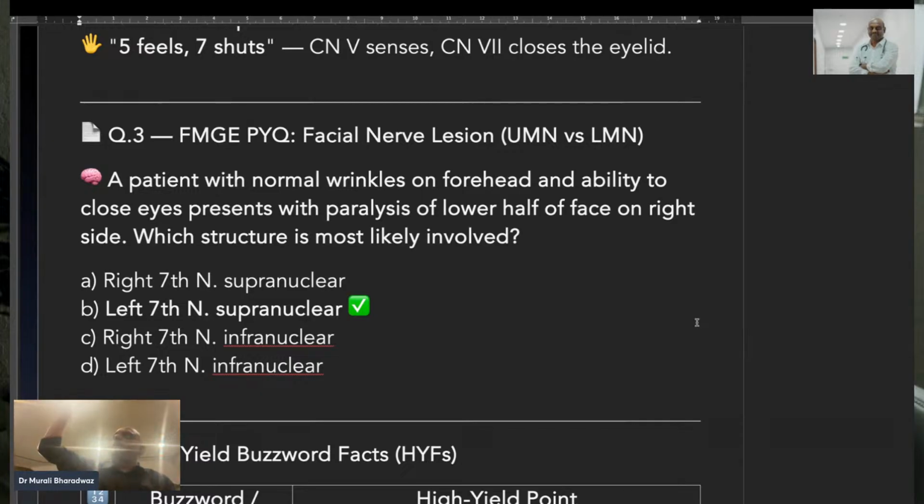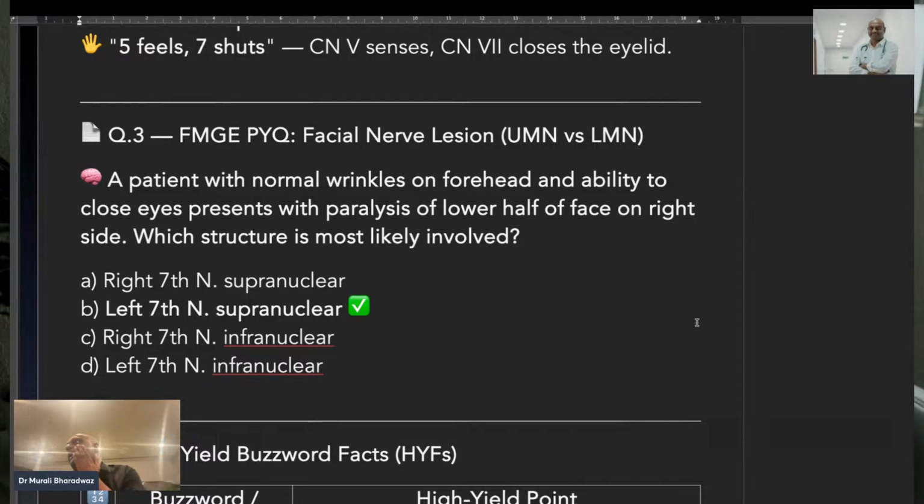That's the reason whenever there is any upper motor neuron palsy, the upper half of the face is not affected. Only the lower half of the face, which is innervated only by the contralateral motor cortex, is affected.